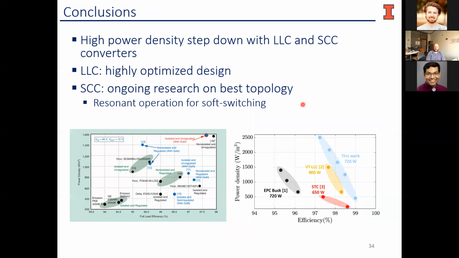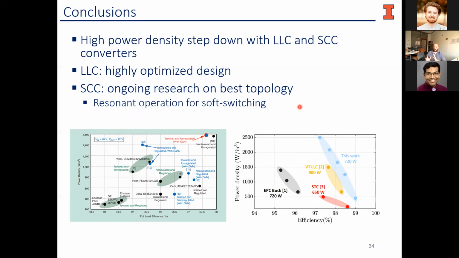So some conclusions here. We looked over some power density with both some LLC and some switch capacitor converters. We saw an LLC solution that has gone through a lot of iterations. It's very optimized. It has had a lot of different people looking at it. And I would say what we're going to see from it is likely incremental steps moving forward. On the switch capacitor converters, I would say these are very much ongoing research on what is even the best topology.